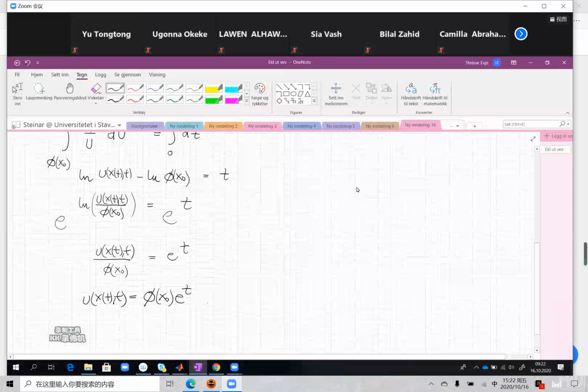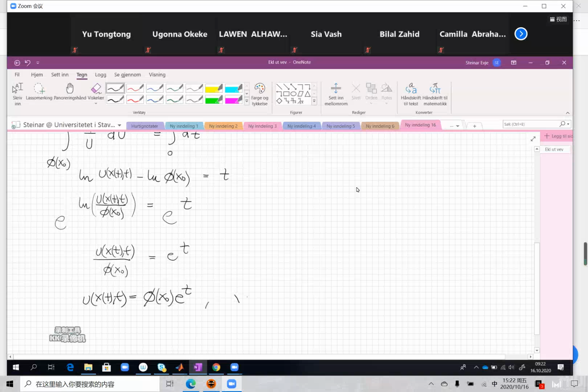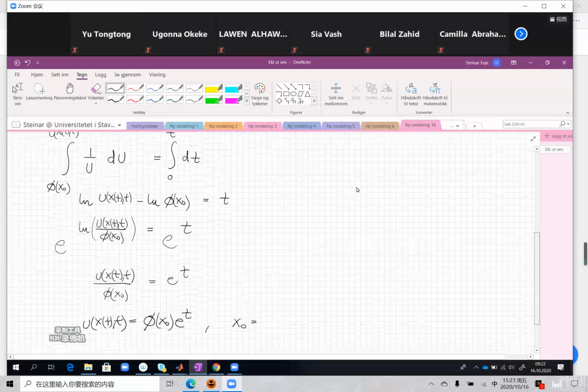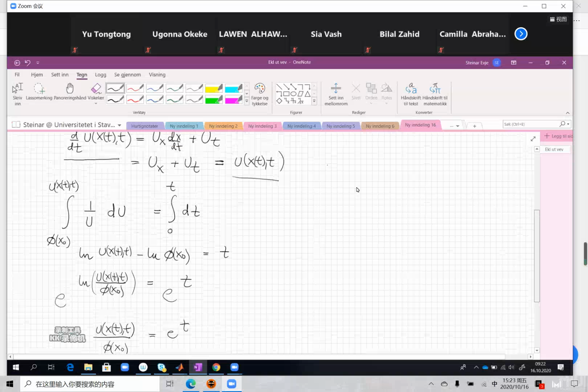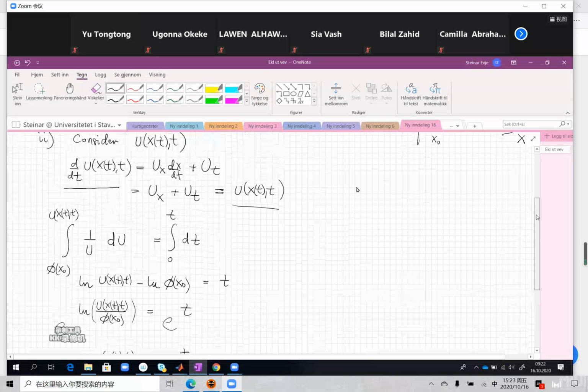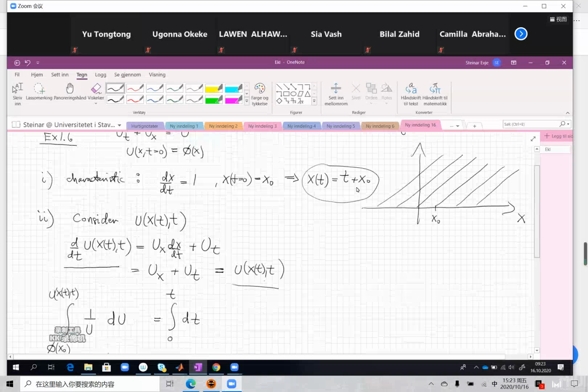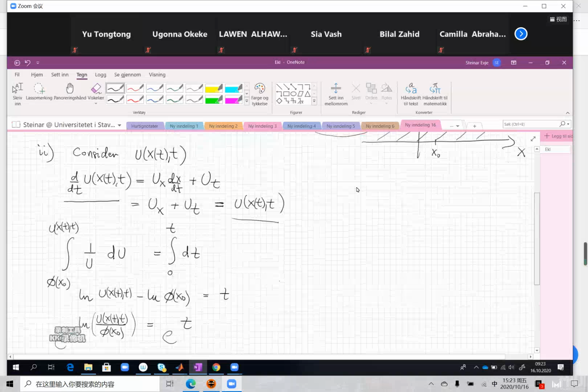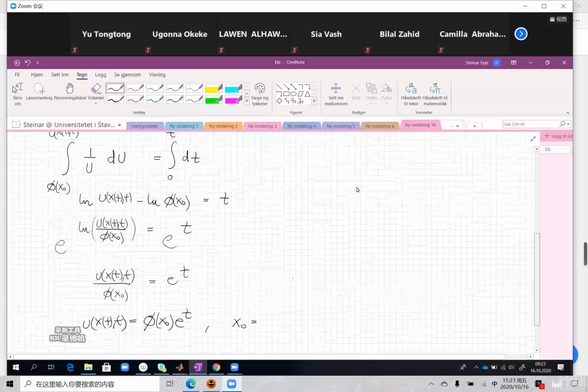But then we have to see how we can make use of the characteristic to remove x0. We know that from the equation for the characteristics, x0 is equal to x(t) minus t.